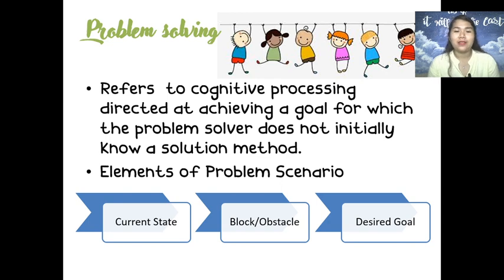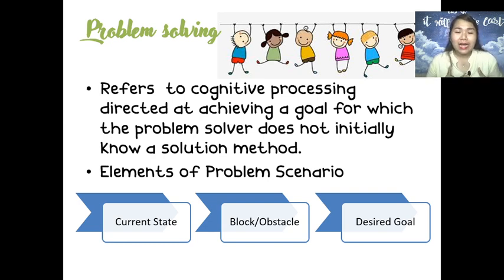Nakuha? Kasi before, learners are not exposed to real-life problems. Kaya yung nangyayari, kapag nasa actual na sila na problema, hindi nila alam kung ano yung gagawin nila since they are not equipped or hindi sila na-train for them to resolve that particular problem.